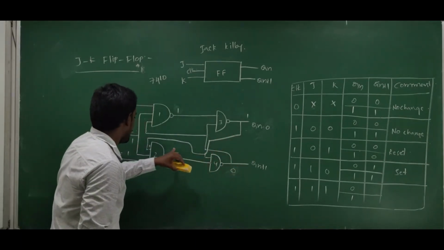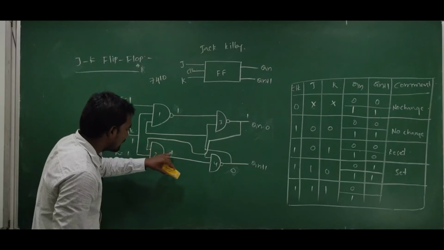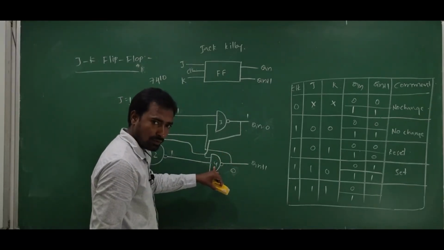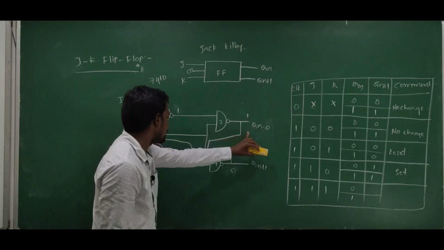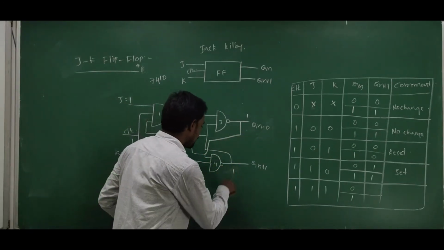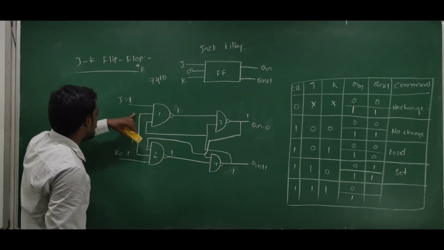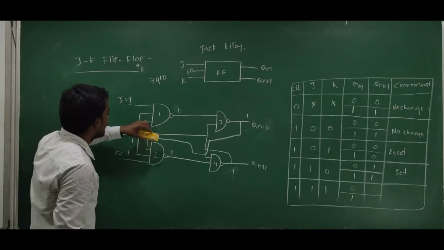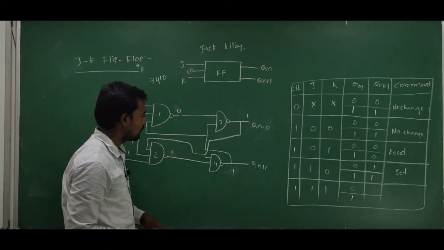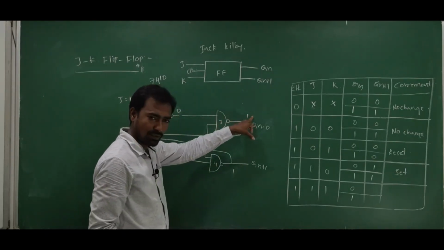Okay, here 0 into anything is equal to 0, 0 complement here we are getting 1, and that 1 is applied for the fourth NAND gate, and 0 cross 1 is equal to 0, 0 complement 1, that 1 is applied here, 1 cross 1 is equal to 1, 1 Q complement 0 here. Okay, and 0 cross 1 is equal to 0, complement is equal to 1.